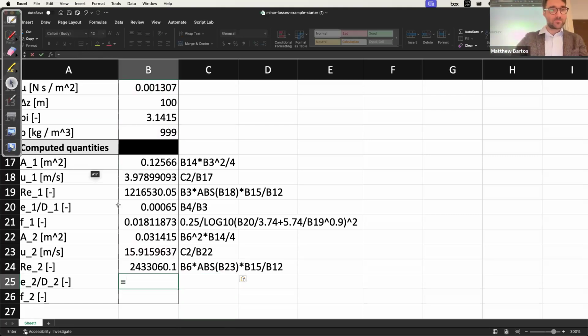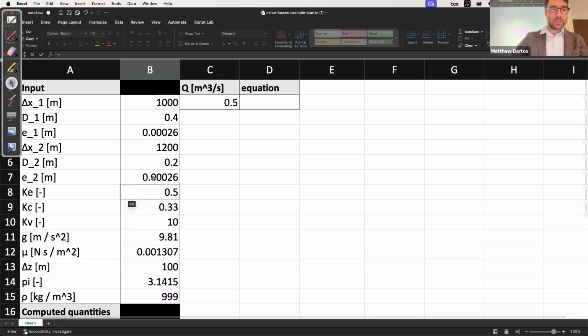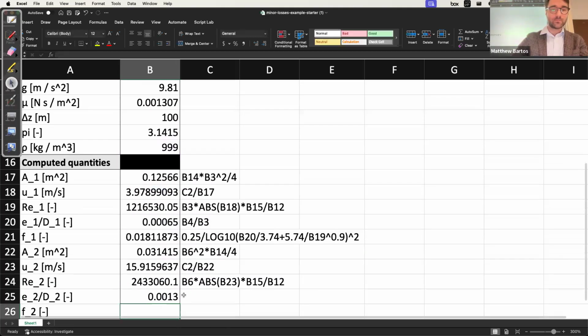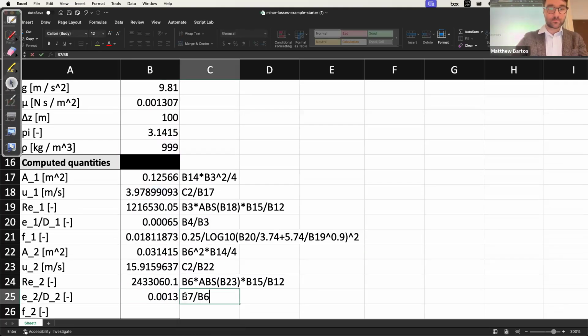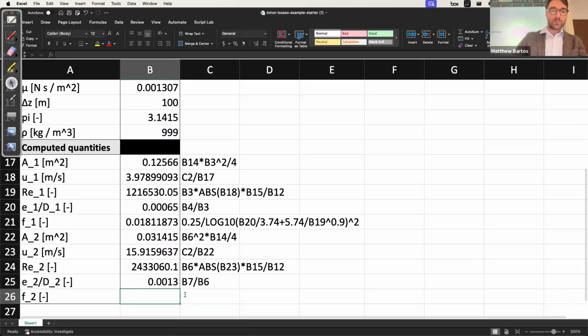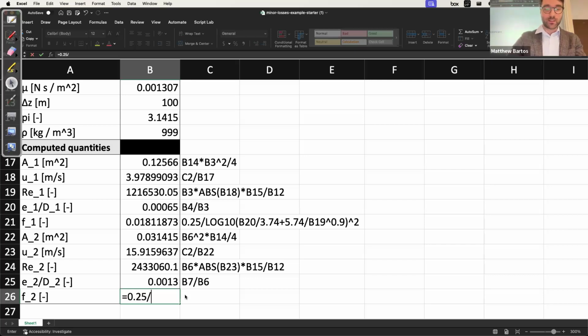E2 over D2 is cell B7 divided by cell B6. And for the Swamee-Jain friction factor, we'll use 0.25 divided by log 10 of E2 over D2 divided by 3.7 plus 5.74 divided by the Reynolds number to the 0.9 power, all raised to the second power.